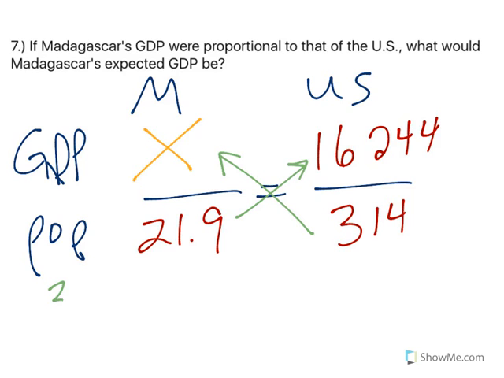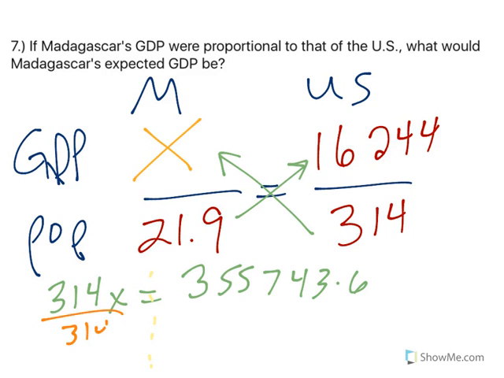So when I do that, 314x equals 355,743.6. Equal sign splits it. Divide both sides by 314. And Madagascar would have a GDP of 1,133.